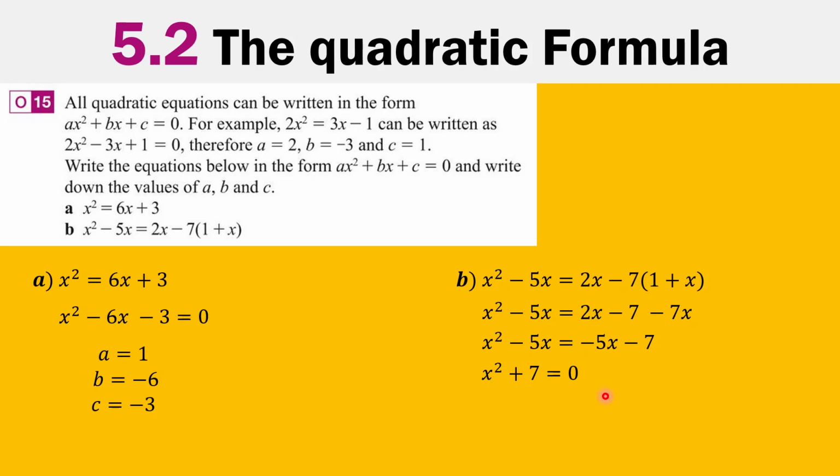What number is a here? That's the number in front of the x squared, so a is 1. I don't have anything with x, so you can say the number in front of x is 0, right? Because then I get 0 times x, and that x disappears. And c is the loose number, so c here is 0.